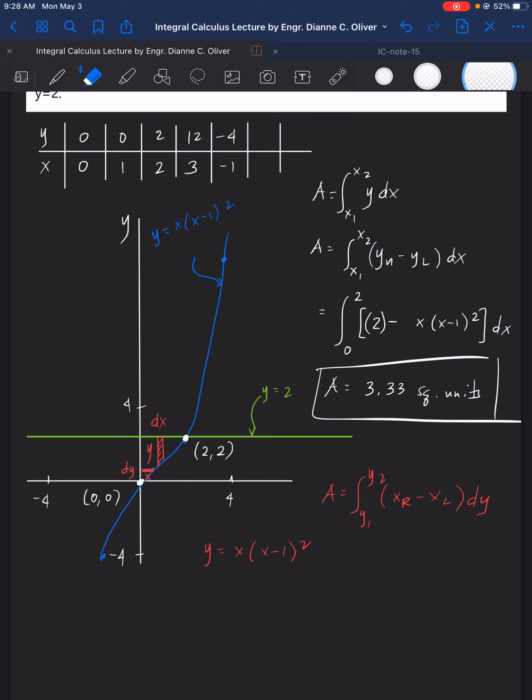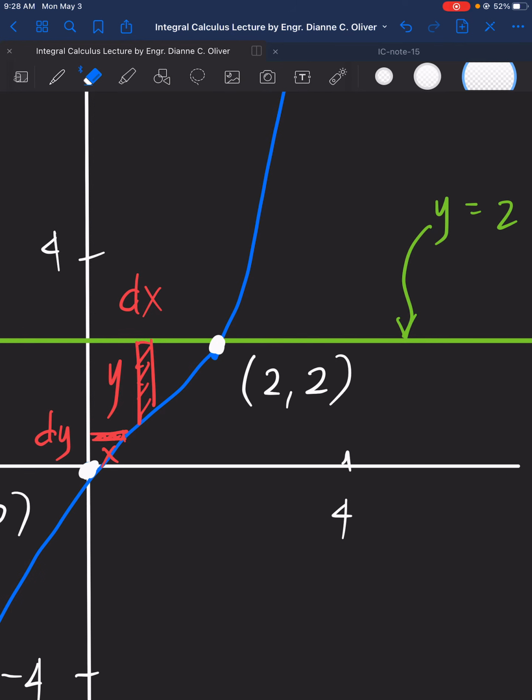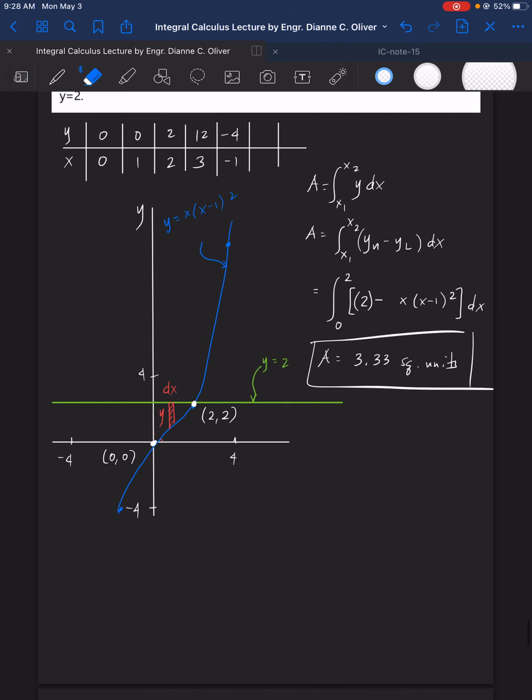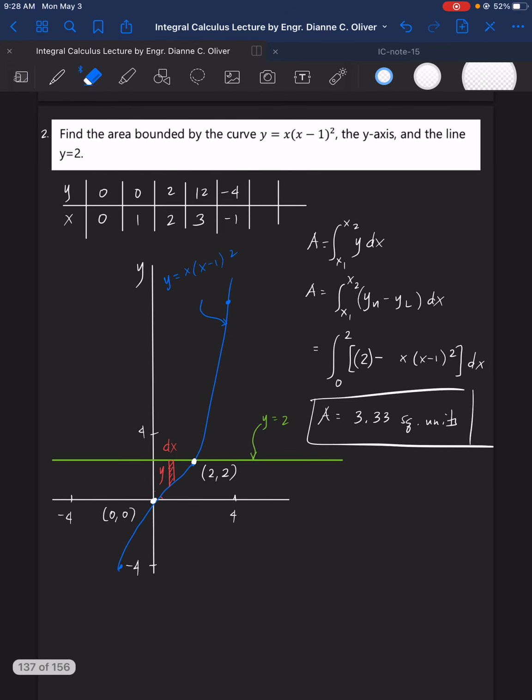So since we were able to solve for the area using the vertical area strip, then we can just stop there. So we're just using the vertical area strip and not the horizontal area strip because it will consume a lot of time. This is the easier one, so go for it.